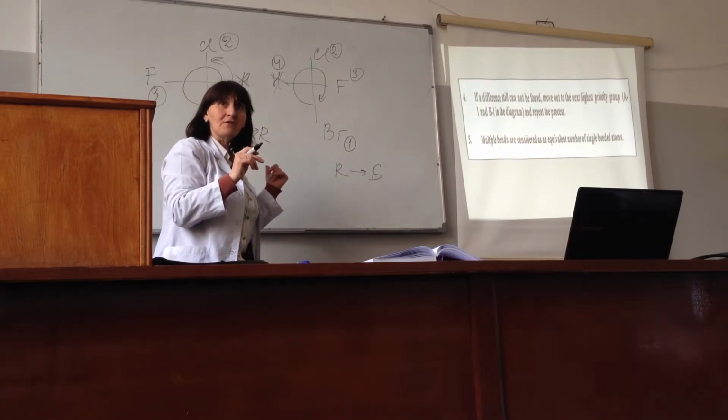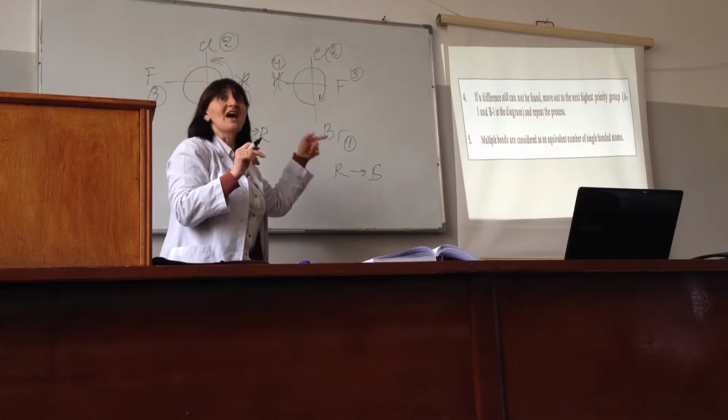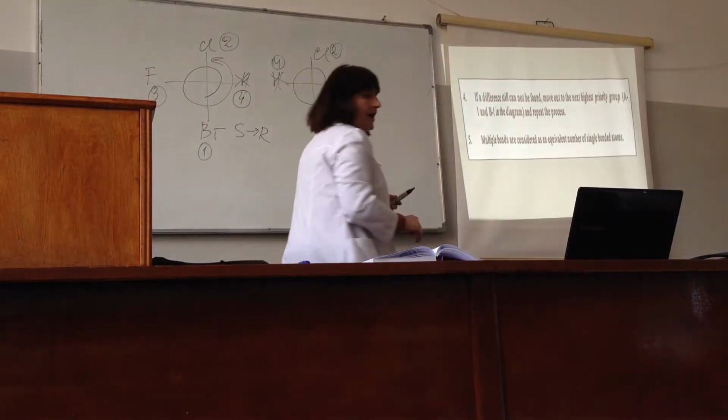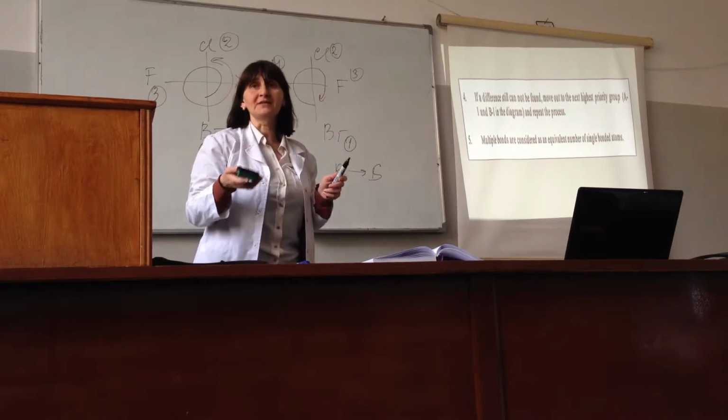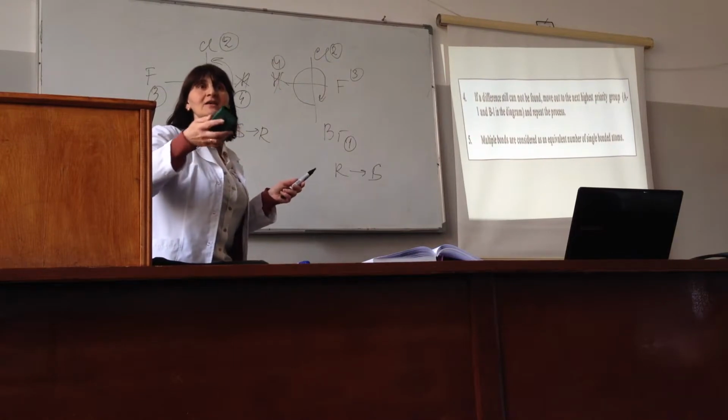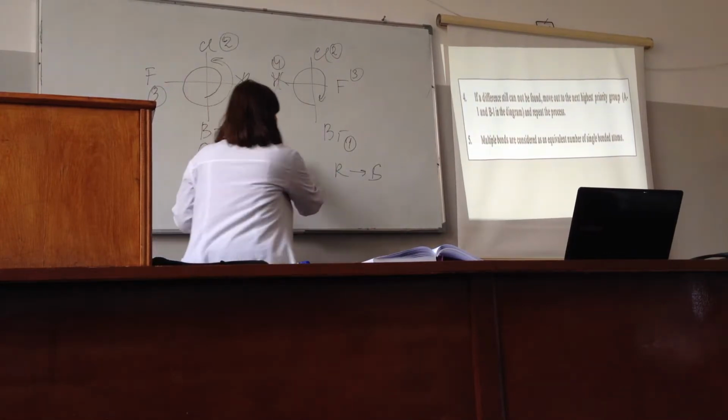If the first one has S configuration, the second one always has R configuration. Now, if you have more complex substituent groups here, how can you determine your absolute configuration in this case?